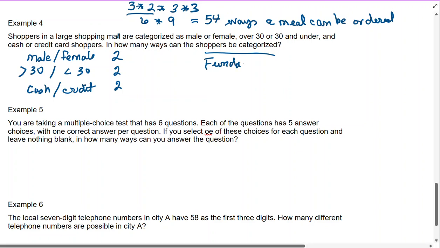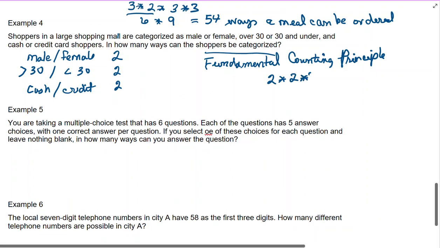You are taking a multiple choice test that has 6 questions. Each question has 5 answer choices, with 1 correct answer per question. If you select one of these choices for each question and leave nothing blank, how many ways can you answer the test? All right, now think about it.